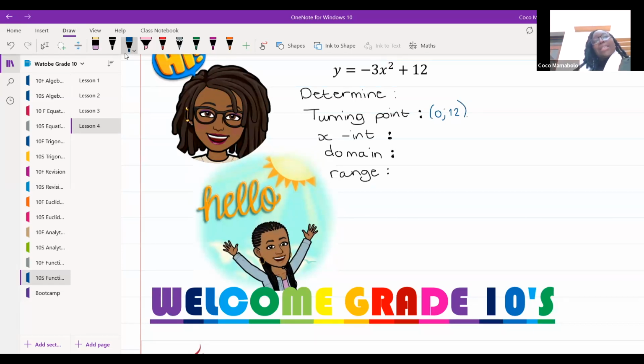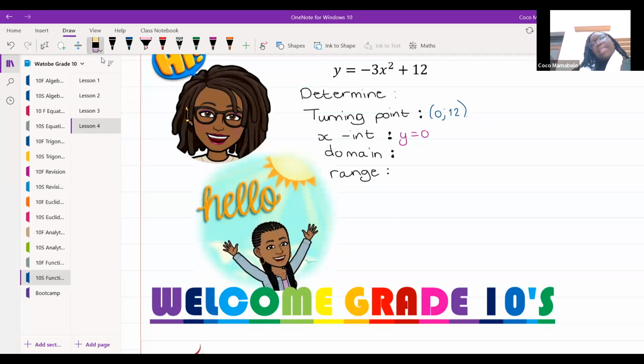And what about our x-intercepts? Ma'am, so for our x-intercept, our y must equal 0.